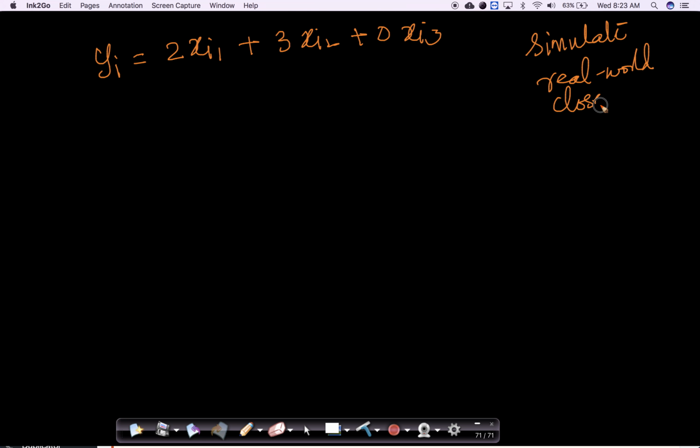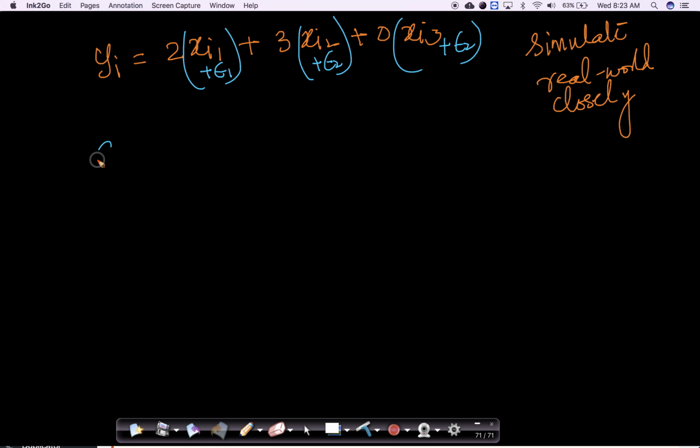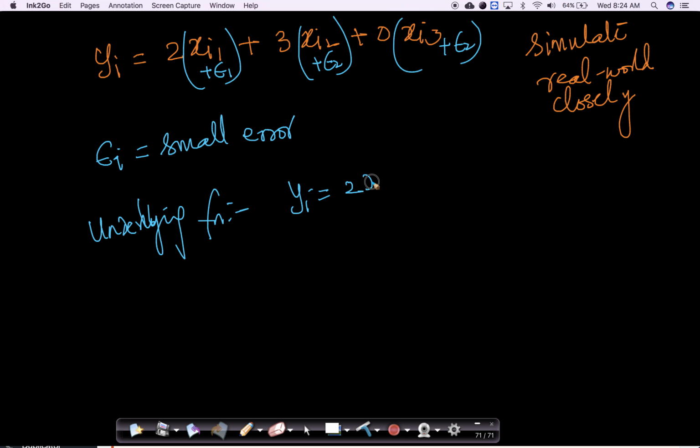Epsilon i is a small error that you are adding. Even though your underlying function, remember, this is very important, your underlying function is yi equals 2 times xi1 plus 3 times xi2 plus 0 times xi3.